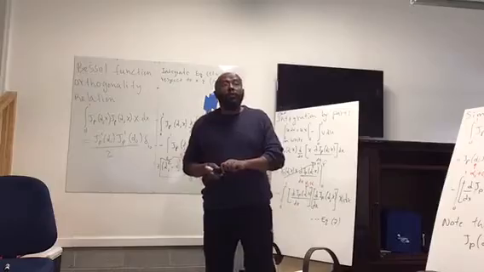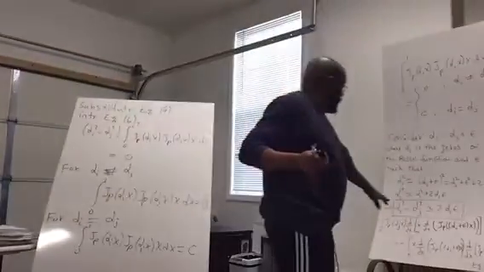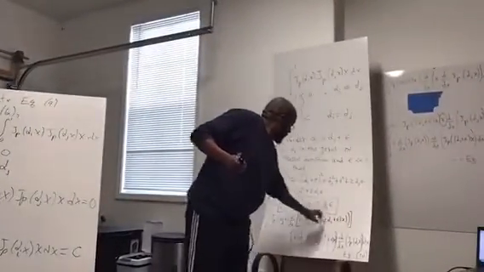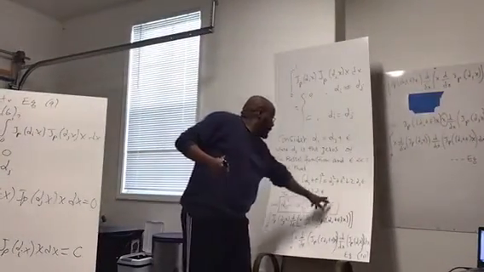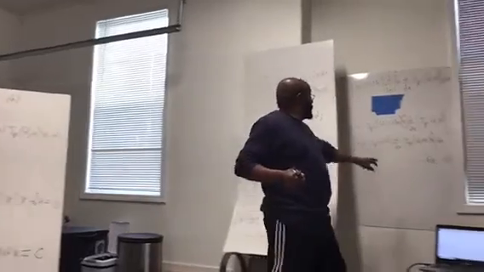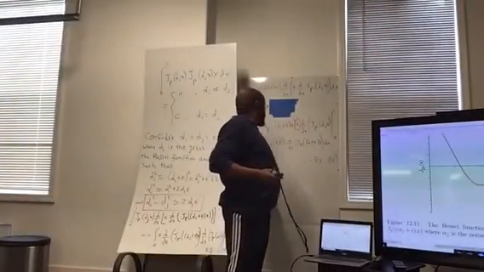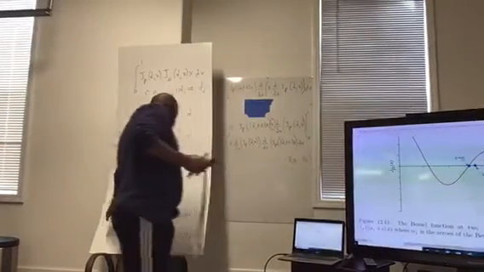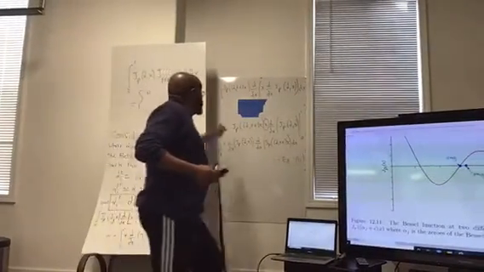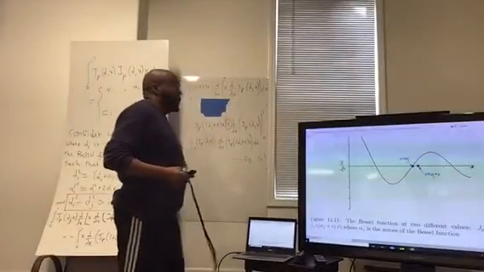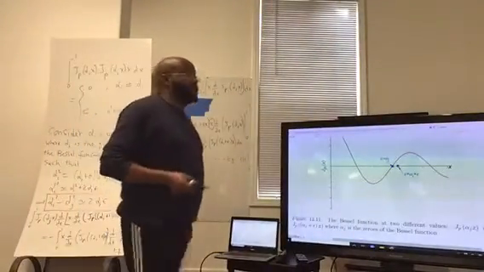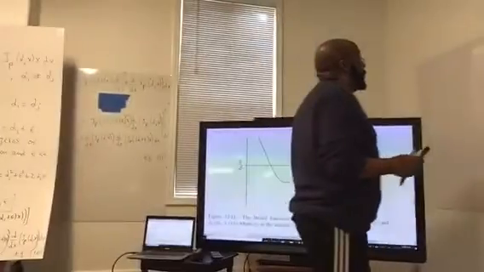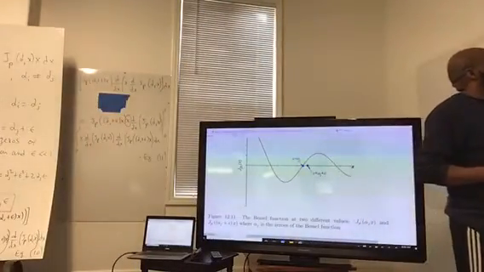If you use the results that we have here, and here, and here, so this integral minus this integral plus the additional term, this is what you get.